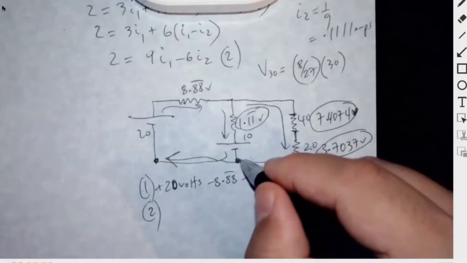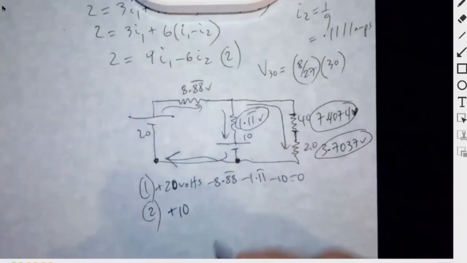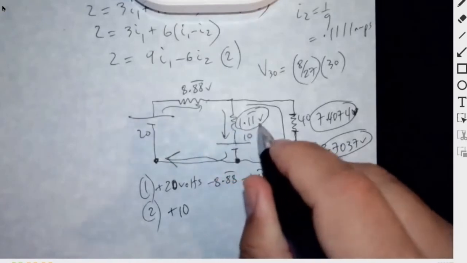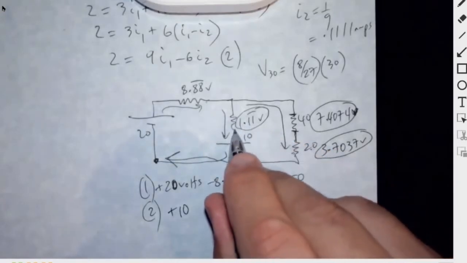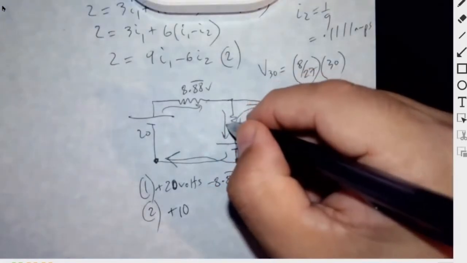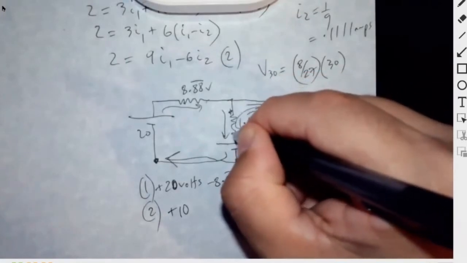So now if you start here and you go up this way, you gain 10. Then you go this way, you gain 1.11. Why? Because you're going against the current flow. Remember, positive charge always flows from a higher potential to a lower potential.